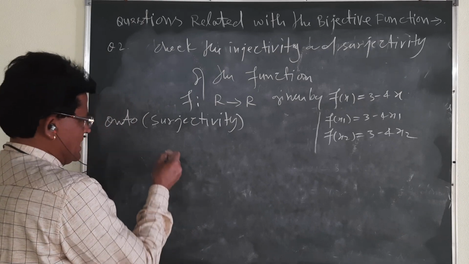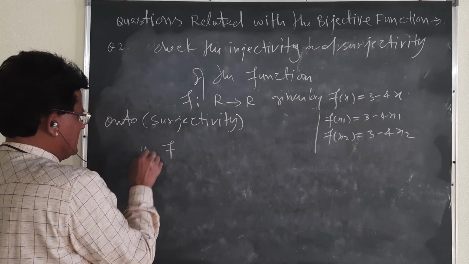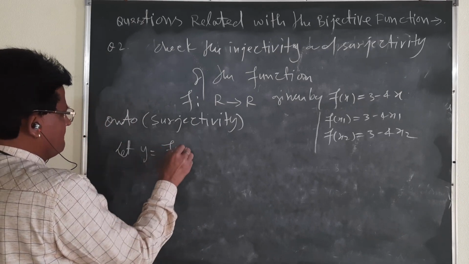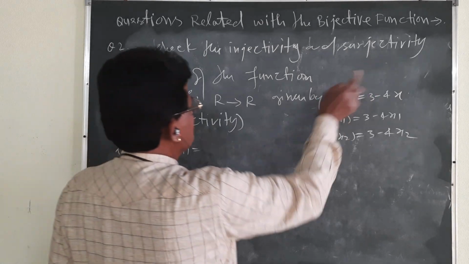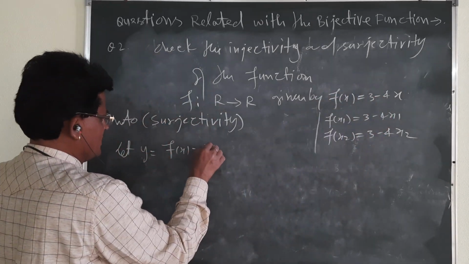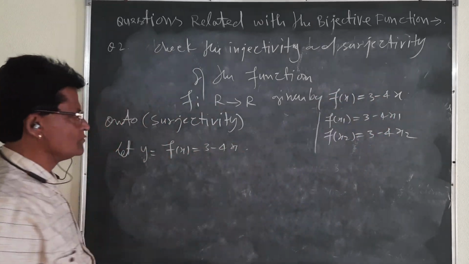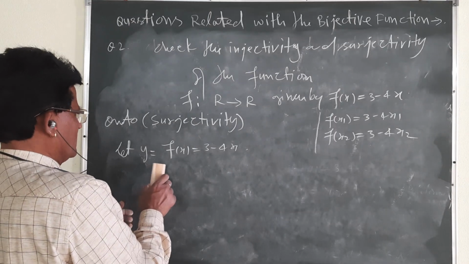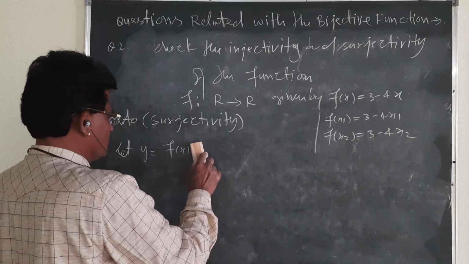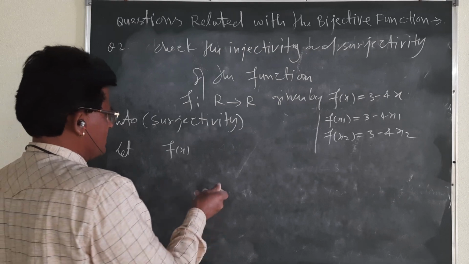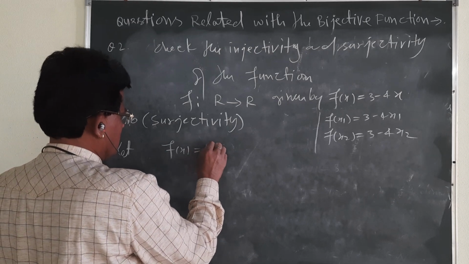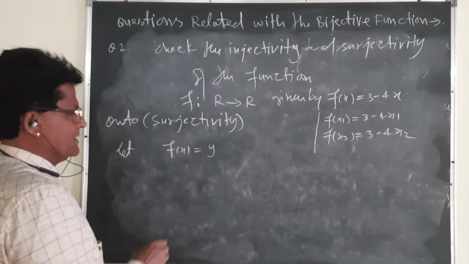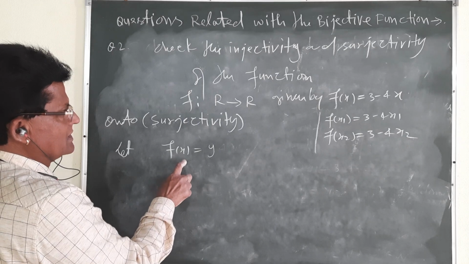Okay, f(x), y is equal to that, f(x) is equal to 3 minus 4x. Let me take y over here. First of all, assume the value of y, and put the value of it here.